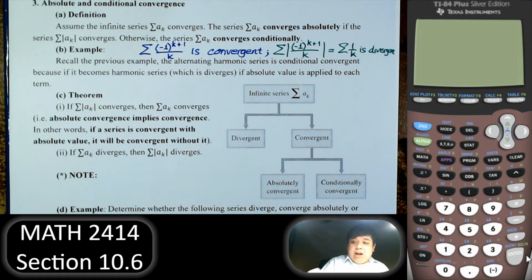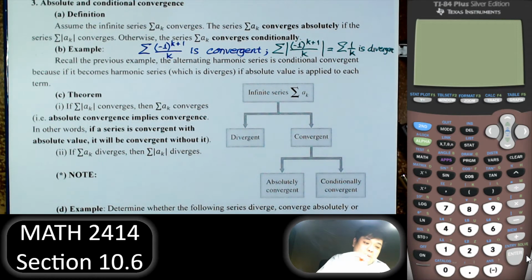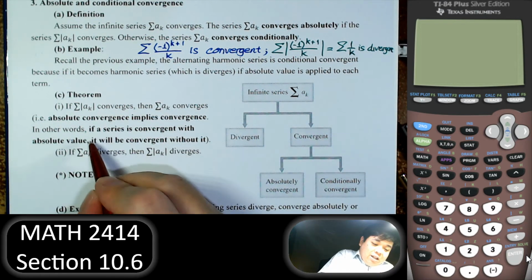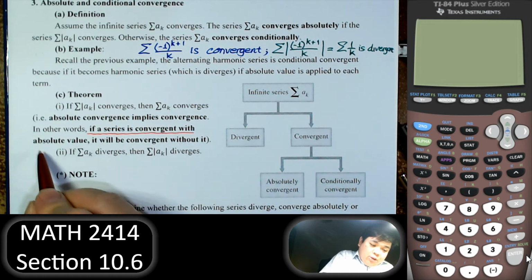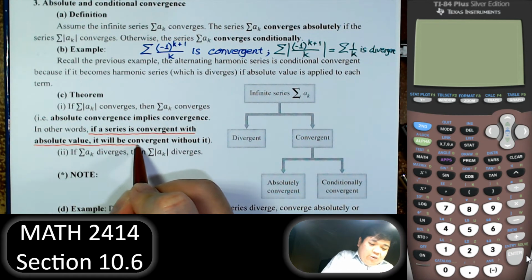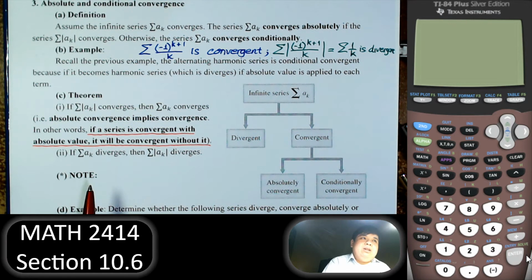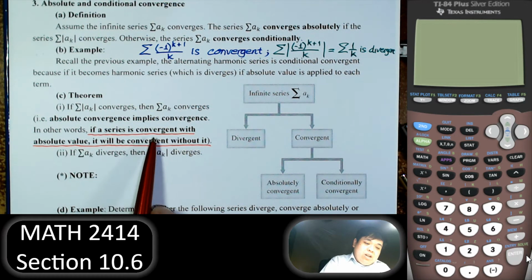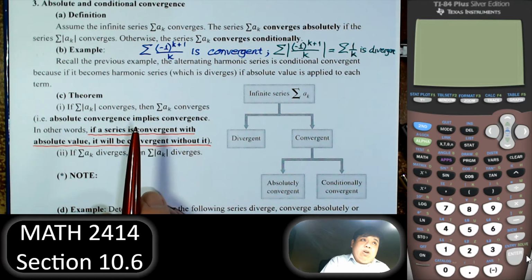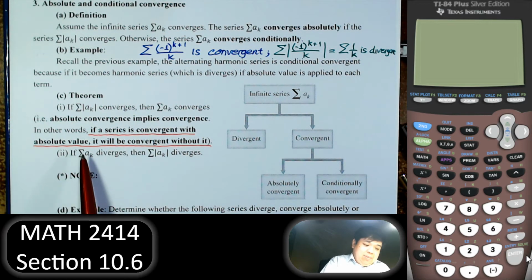That sounds a little better, but it will sound the best when we say if a series is convergent with absolute values, it will be convergent without it. So easy to remember. If it is convergent with absolute values, it will be convergent without it. And if it is divergent, throw in absolute values, it will be divergent.